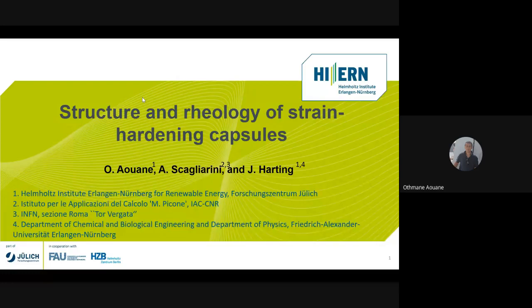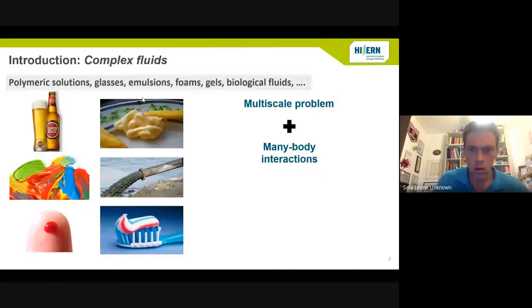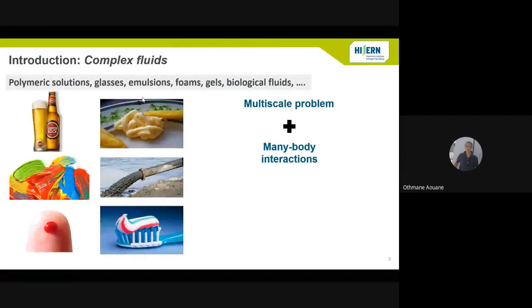So I will first start with a brief introduction to complex fluids for those who are not that familiar with the topic. Complex fluids describe a wide range of substances found almost everywhere in our daily life. Typical examples include household products, such as shampoo, mayonnaise, beer, or biological fluids, such as blood or mucus.